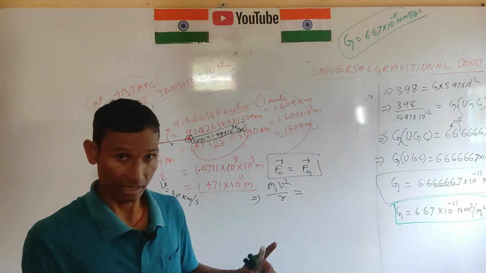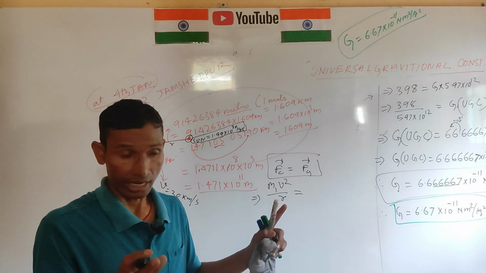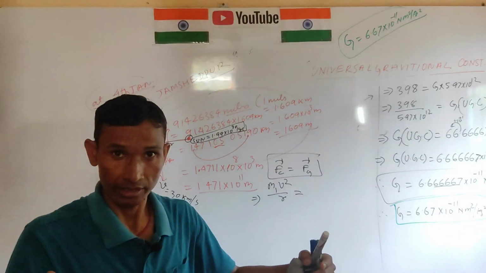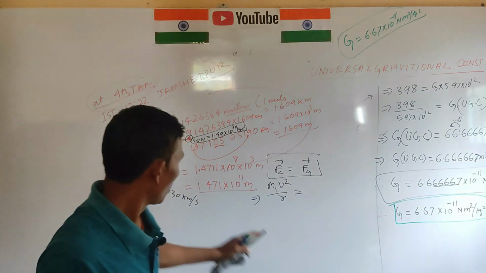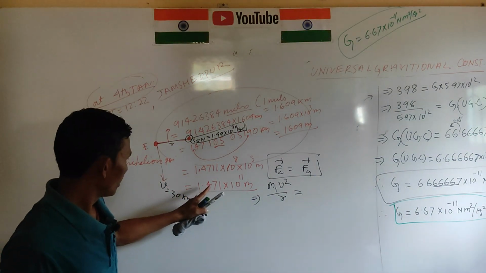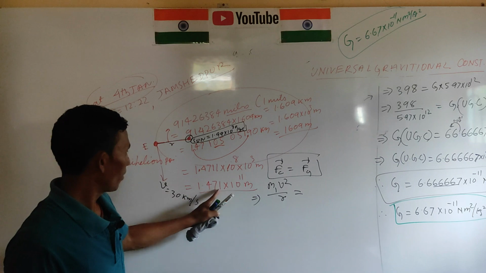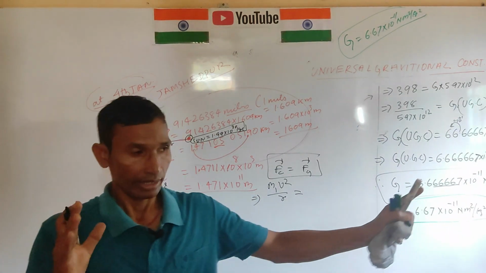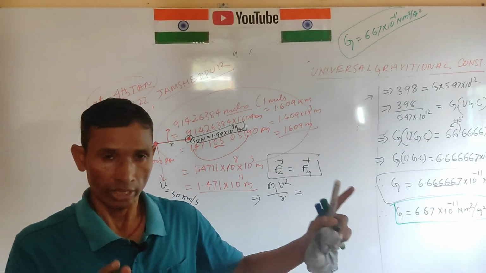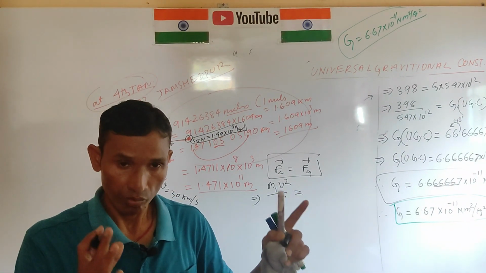Earth and sun are related to each other in the universe at the perihelion distance. How much? 1.47 into 10 to the power 11 meter, center to center distance.